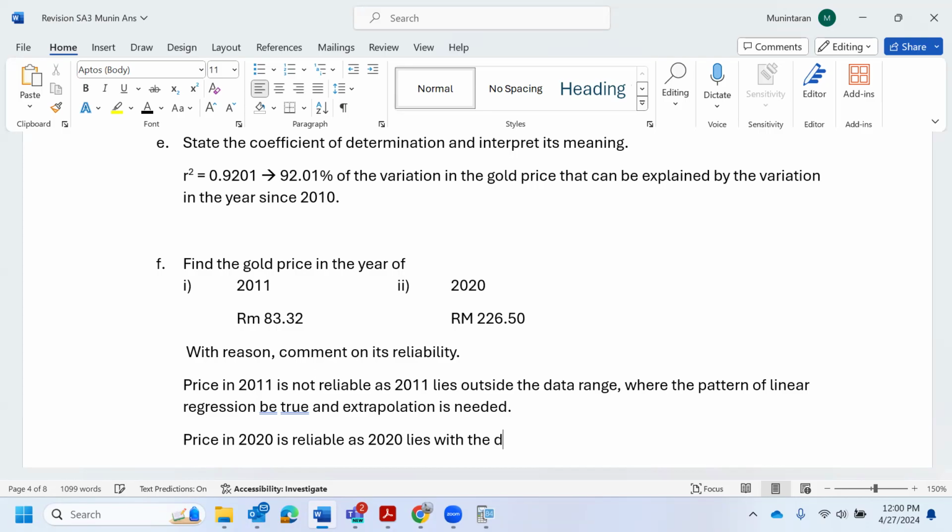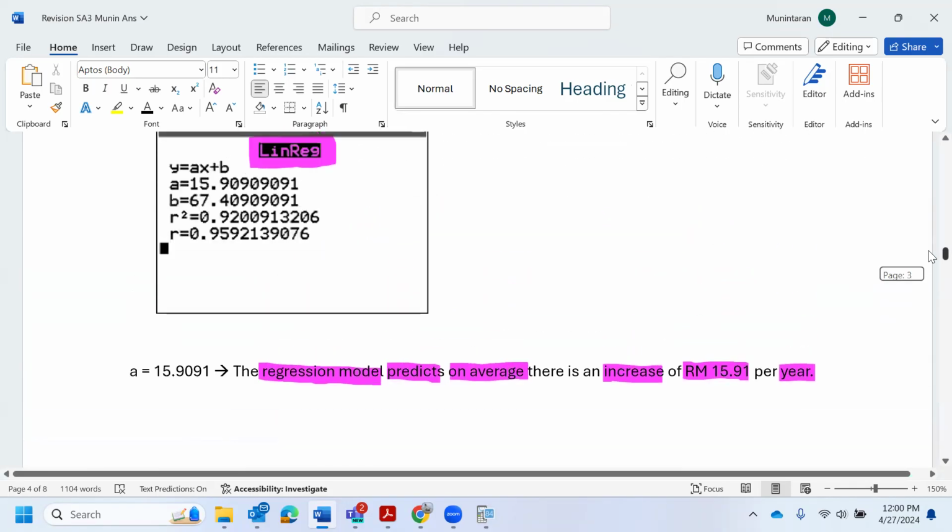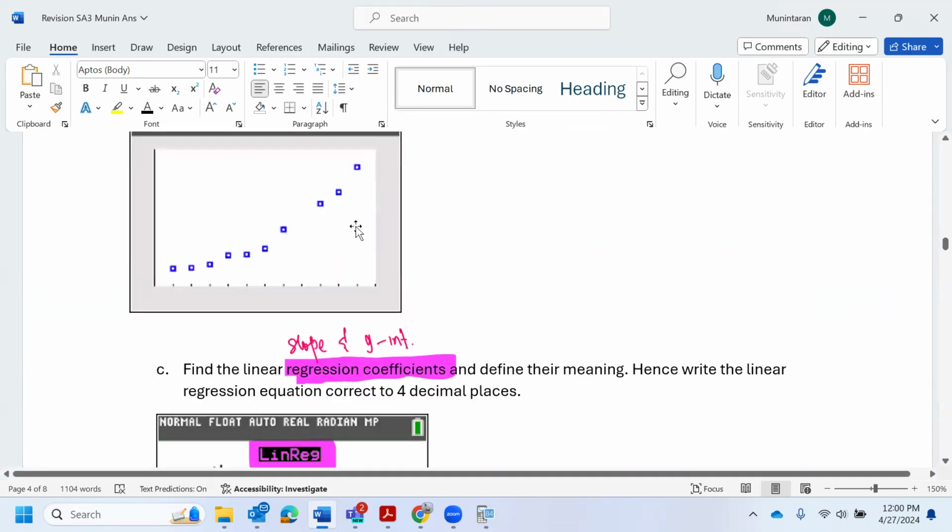So it follows the trend or the pattern, because we know there is no sudden influx or sudden increase or sudden decrease in terms of the price of gold. 2020 is here, we know that it's just going up.